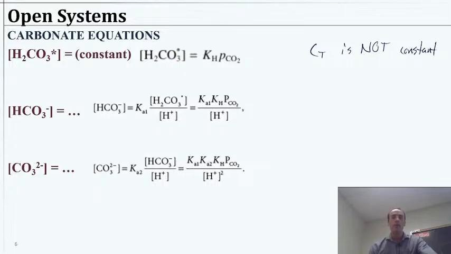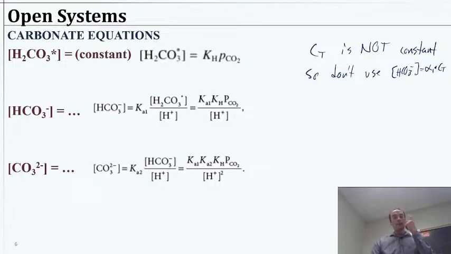It's very similar, but it is a little different. So we don't use HCO3 minus equals alpha 1 times CT, because CT changes, right? So we can't use the same exact formula that we did for the closed system.